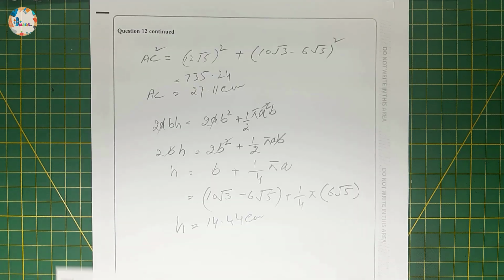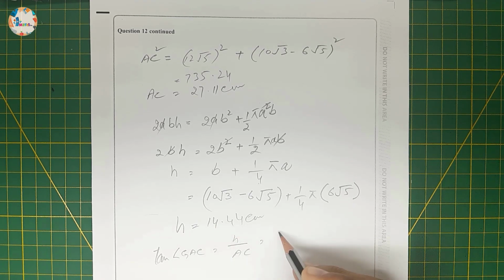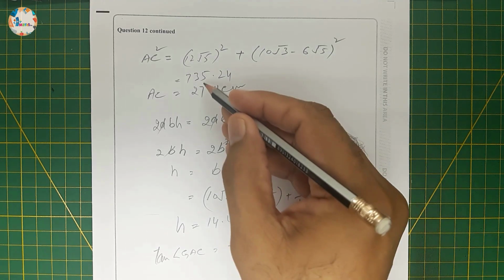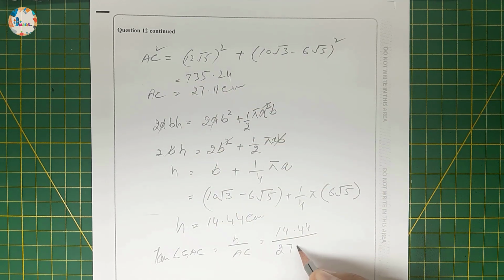So tan of angle GAC will be equal to H over AC, and the H value is 14.44, so 14.44 divided by 27.11.